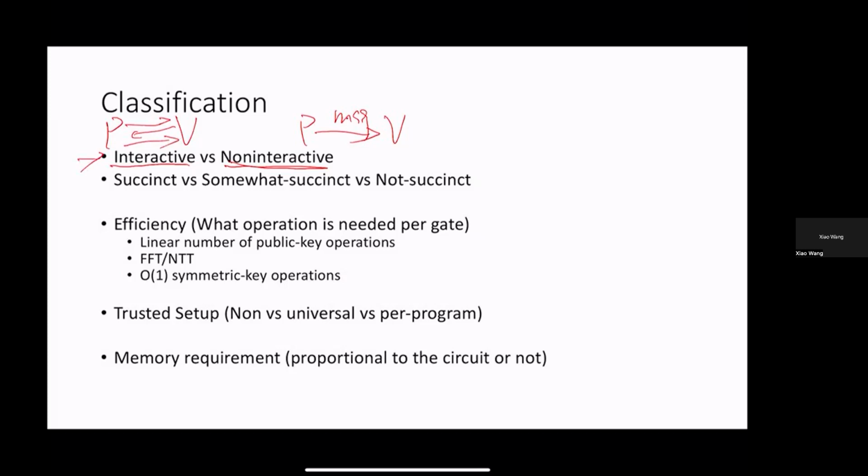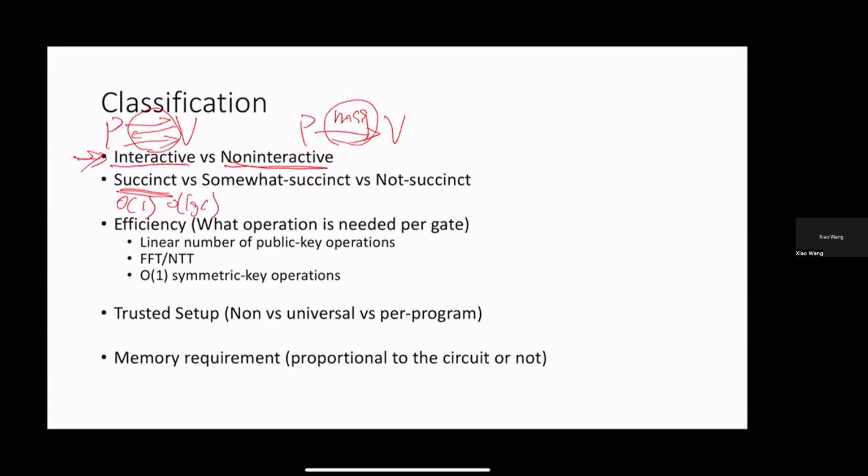This is in terms of rounds of communication, and we are also interested in succinctness. This refers to the amount of messages, or the amount of communication, between the two parties. We have, for example, succinct proofs, with say a constant amount of communication with respect to the circuit size, or logarithmic in the size of the circuit.